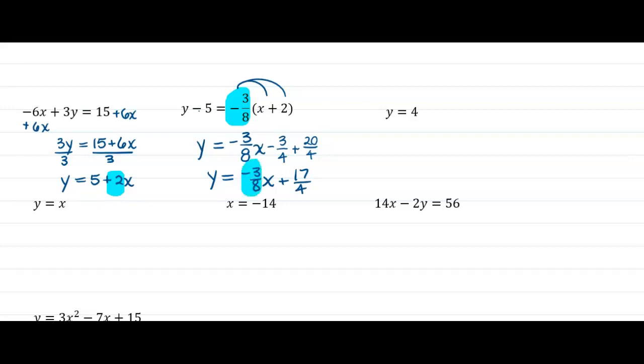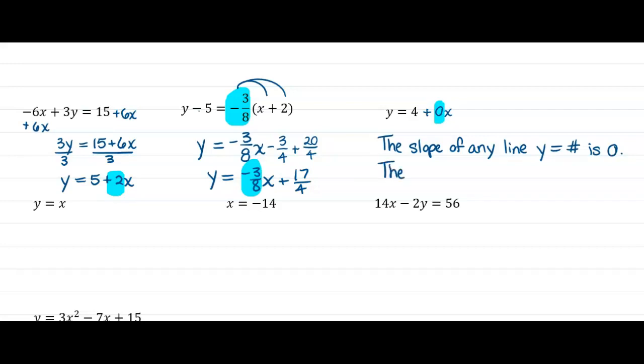How about this one? There is no x term. There is no x. The slope is 0. You might want to put a note: the slope of any line that is y equals some number is 0.